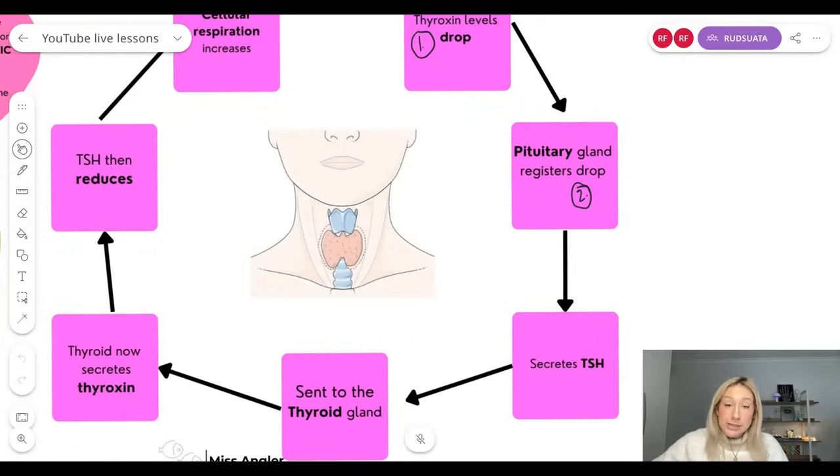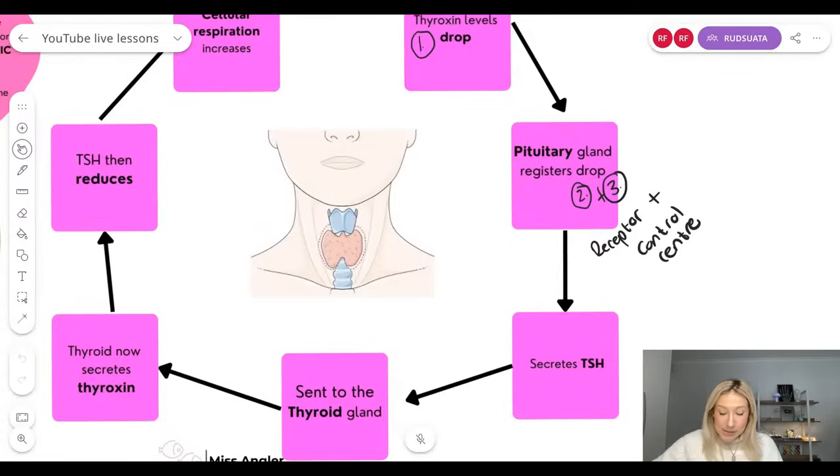Now, the pituitary gland is also the control center, which is what makes this one a little trickier, and that's why I included it in today's lesson, because it is both the receptor and the control center. Because it's both at the same time, it has super high level abilities to control.